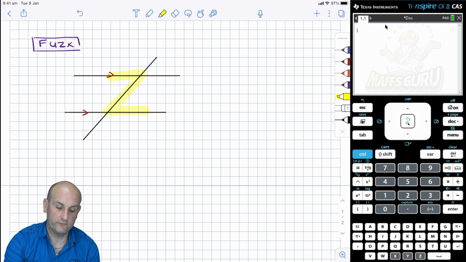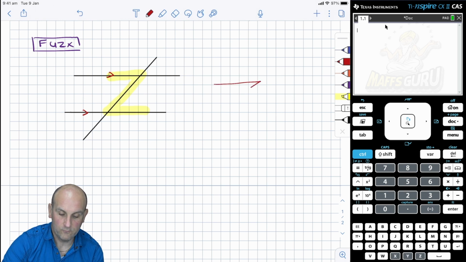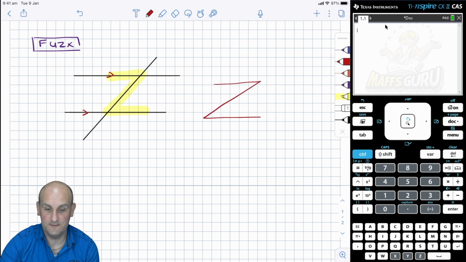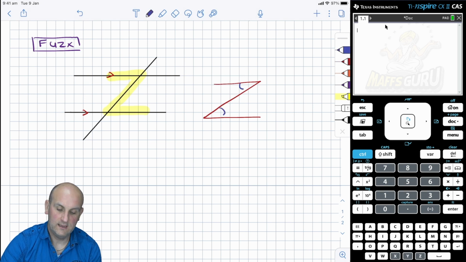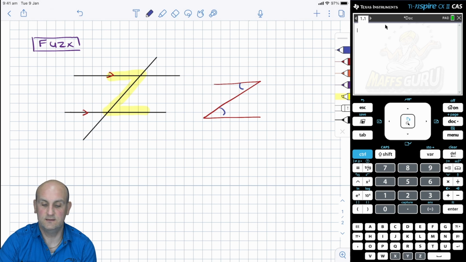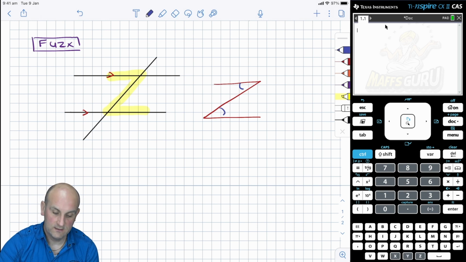Why? Because there is a special rule that we have. So when we have a Z, then what I know is that the angles in each of the corners of the Z are the same. So there, the angles are the same.